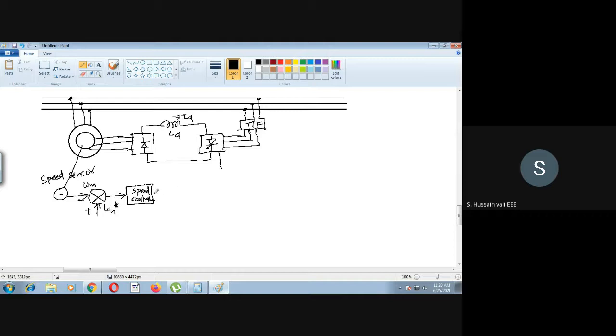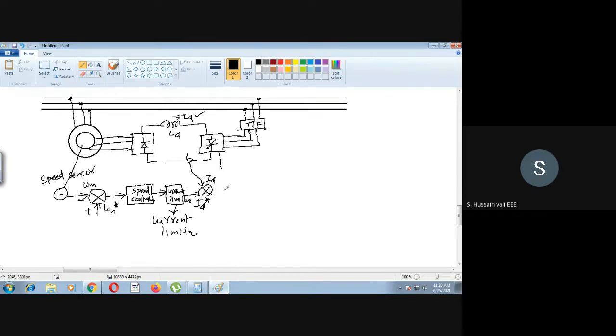Then it will go to the current limiter, and it generates the reference ID. This reference ID should be compared with the actual ID. So you tap the current ID which is flowing here.